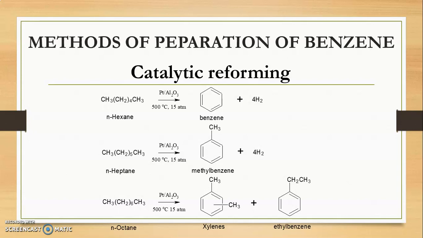After that it is blended with hydrogen in the presence of different catalysts, and the hydrocarbon portion undergoes cyclization and is converted into benzene, methyl benzene and xylenes. Further, these mixtures are separated and we get benzene, methyl benzenes as well as xylenes as products. So this is about the first method, known as catalytic reforming.